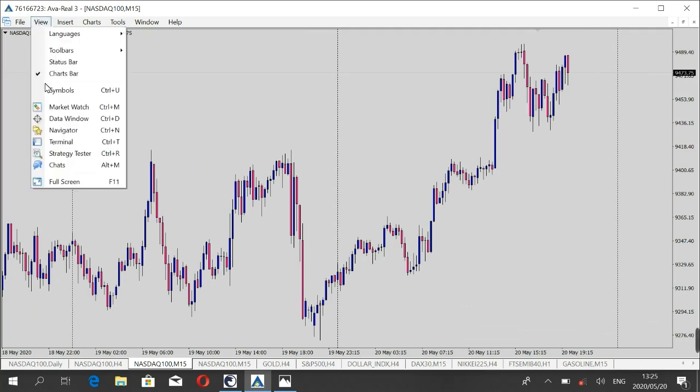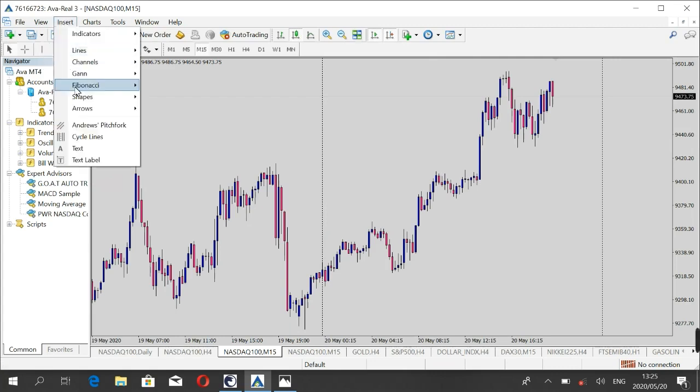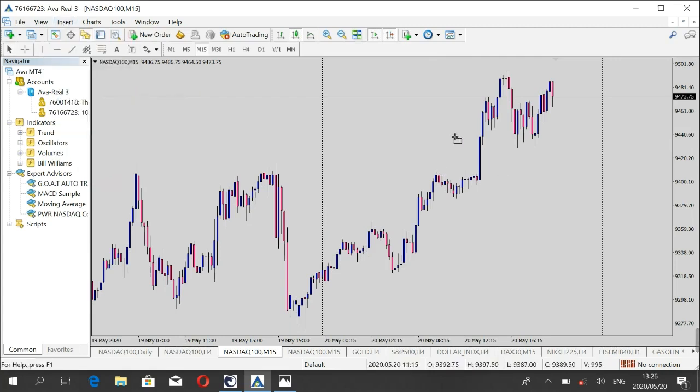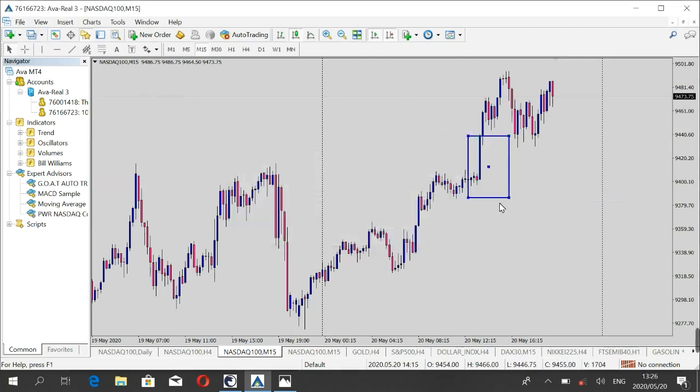As you can see here inside this box, here's our 15:15 candlestick, and it is bearish.